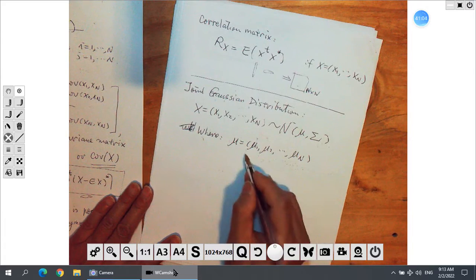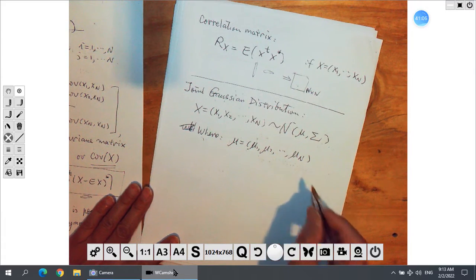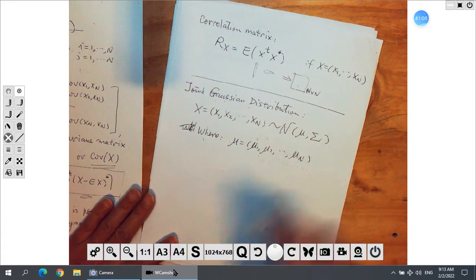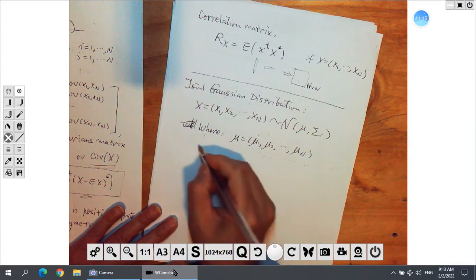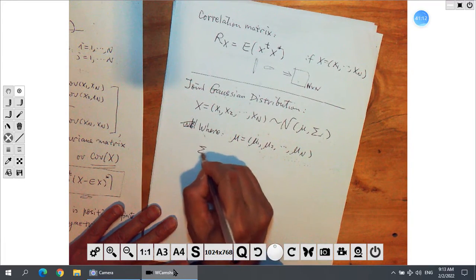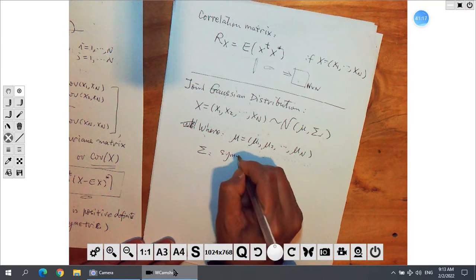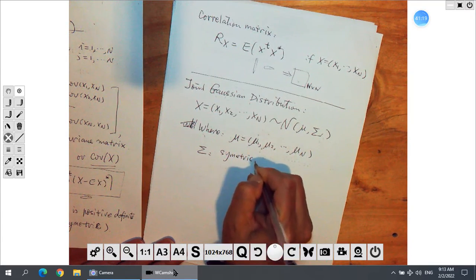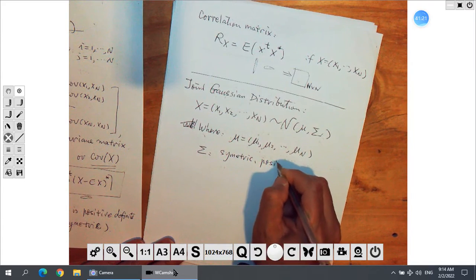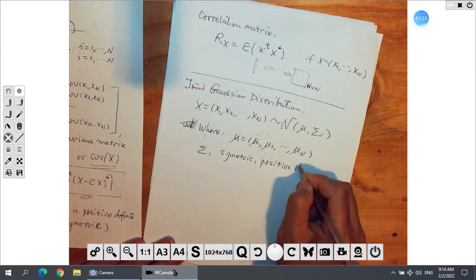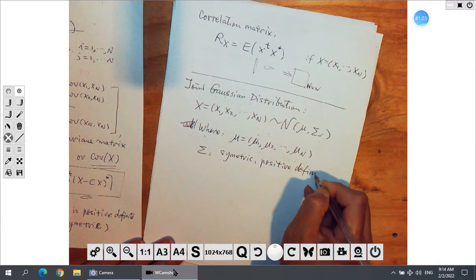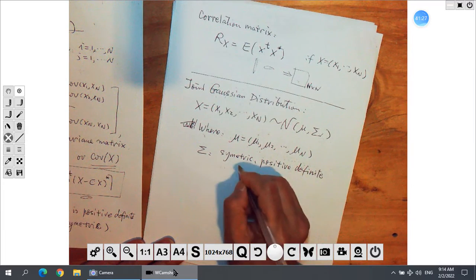This is a vector. If you want a column, then you put a transpose here. And sigma is a symmetric positive definite square matrix.